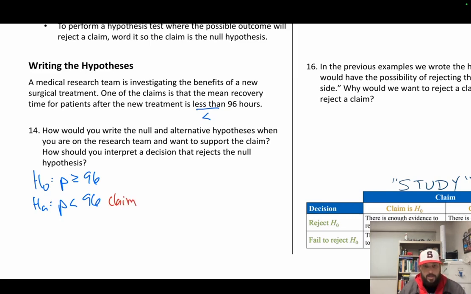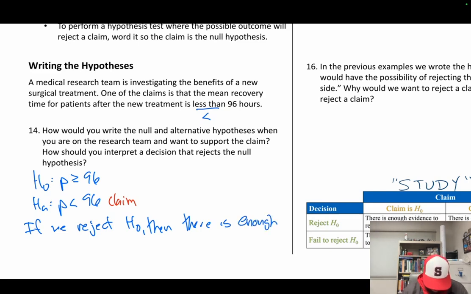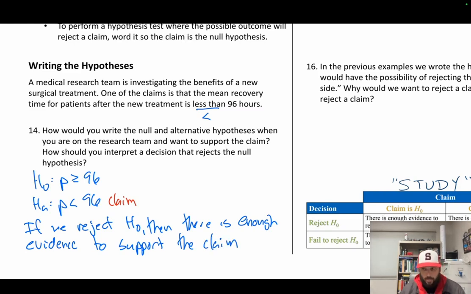Because how would you write the null and alternative when you're a research team and you want to support the claim? When we want to support the claim, we want it to be our alternative hypothesis. And so if we reject our null, then there is enough evidence to support the claim, which is our alternative hypothesis, which is what we want.